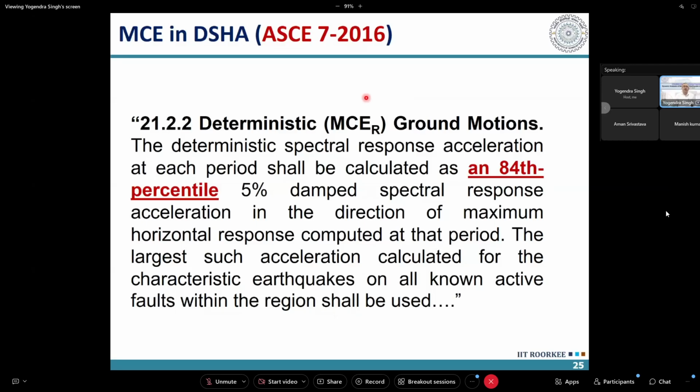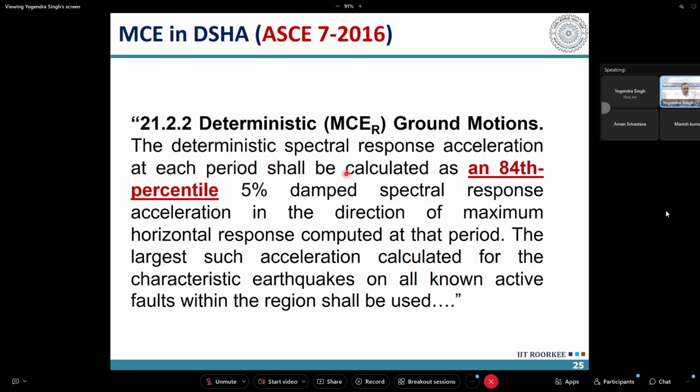So if we look at ASCE 7 2006 version, the recent version, then the definition of deterministic MCE ground motion is given as the 84 percentile 5% damped response spectrum. So MCE is considered at 84%, whereas what is given in our code is mean. So it is not MCE.